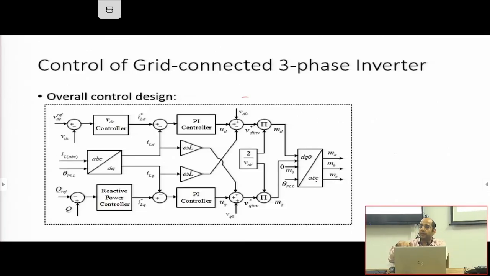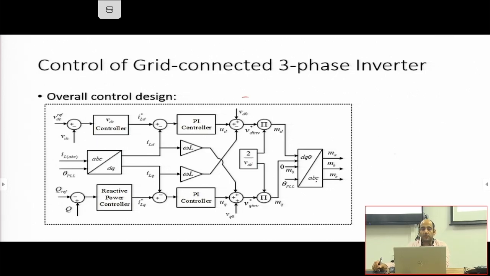Then use the feed forward term and the cross coupling terms to get the inverter terminal voltage that you need, right? And that inverter terminal voltage, if you divide by VDC by 2 or multiply by 2 by VDC, you get MD and MQ. Convert to ABC, you get MA, MB, MC, right? So this is a very simple design of an inverter.